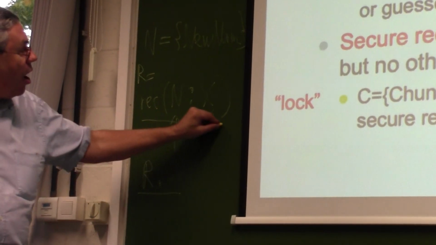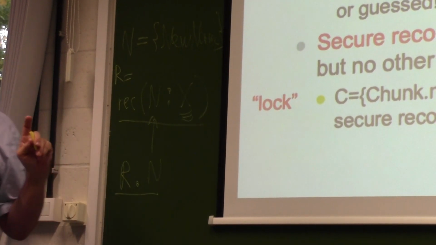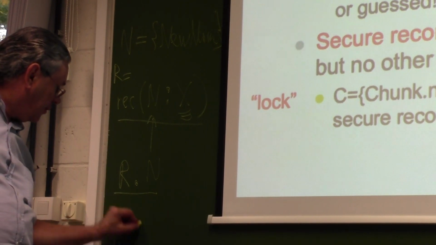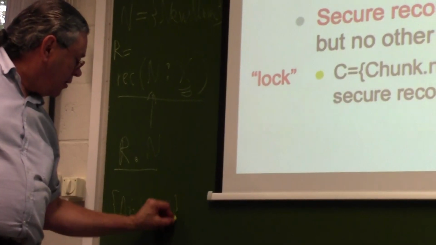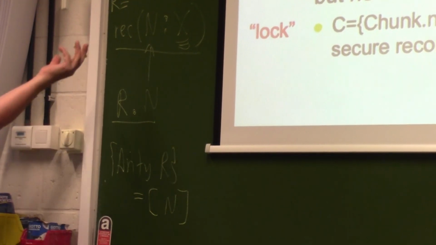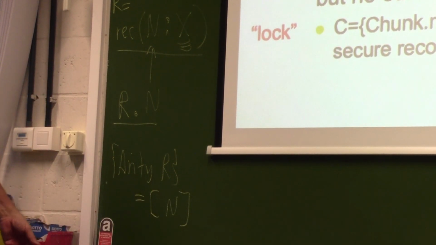This is the lock aspect. But normal records are not secure, because with a normal record, you can do arity of r, and that gives you the list of field names. So that tells you what N is. That's not very good. That's completely unsecured.